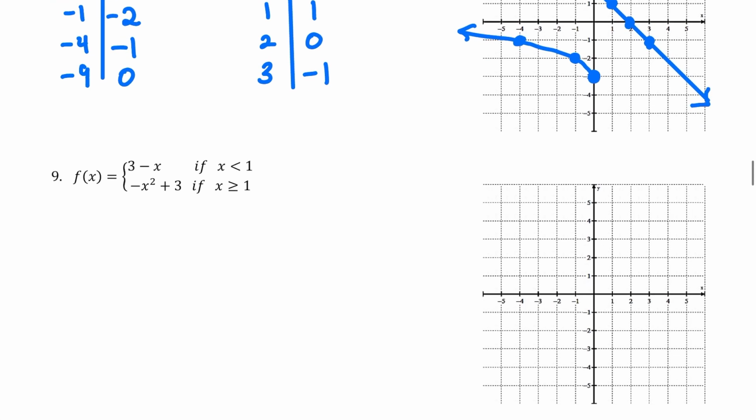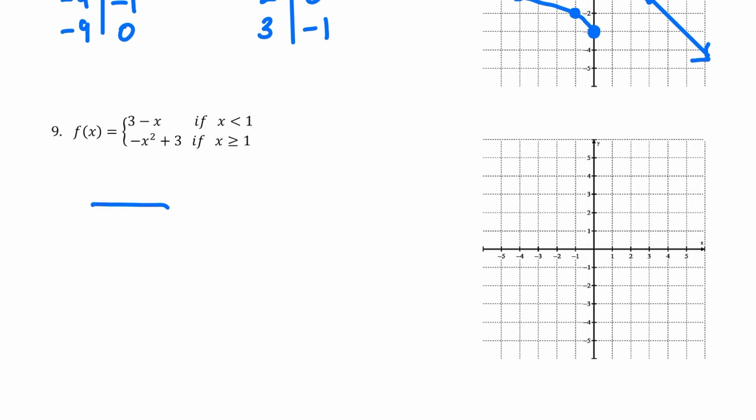All right, lastly, we have this one here. So our first table of x's and y's, again, I'm going to use 1 because x is less than 1, but I'm going to make sure that I put a note here that that's going to be open because it's less than 1. And I'm going to plug in values of x that are less than 1. So 0, -1, -2.